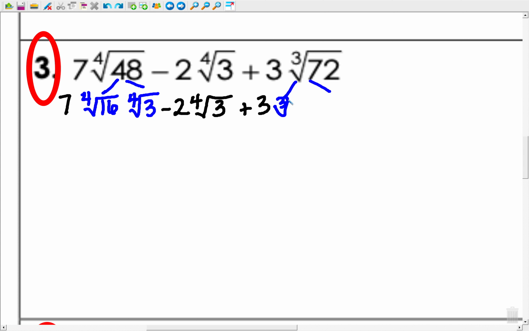It is the cube root of 8 times the cube root of 9. I know it's the same thing. I just like to put the one that is perfect first, because that's the one that's going to come out of the radical and multiply by what's already out of the radical. So come over to here, and the fourth root of 16 becomes 2.